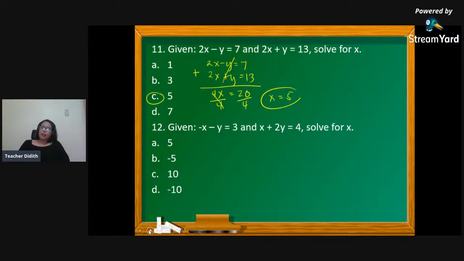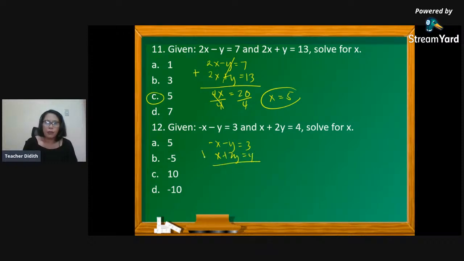Negative x minus y equals 3 and x plus 2y equals 4. So you just check your answer and it's D. Okay, so let's try to find out if that's correct. So negative x minus y equals 3. And then we have x plus 2y equals 4.